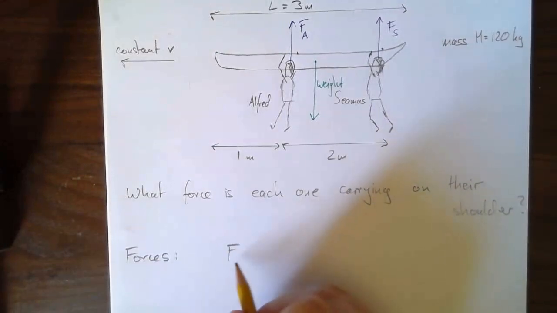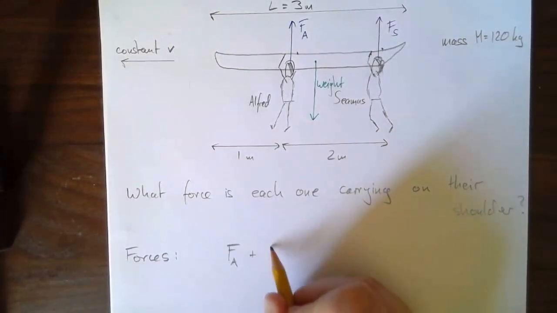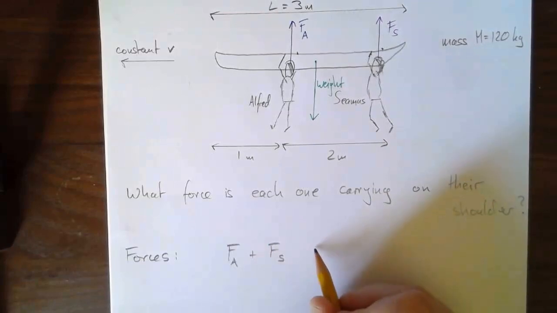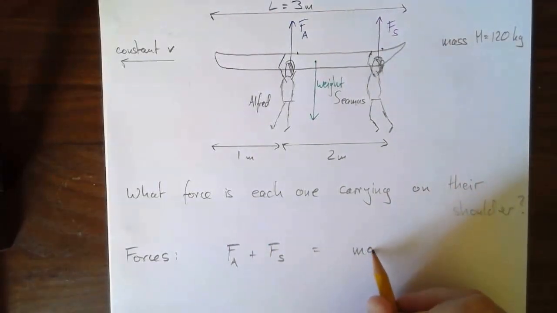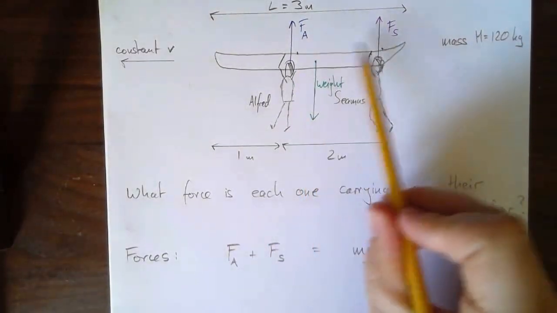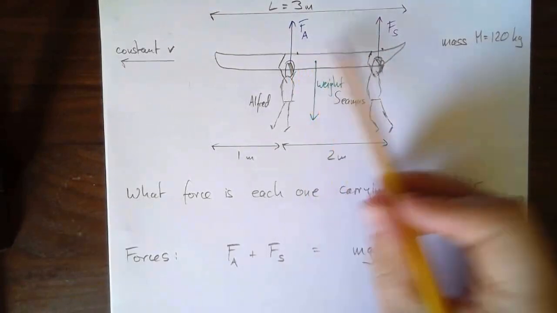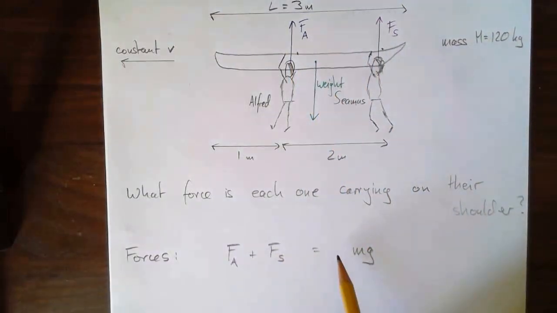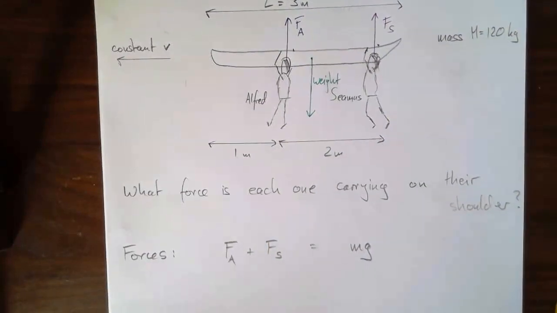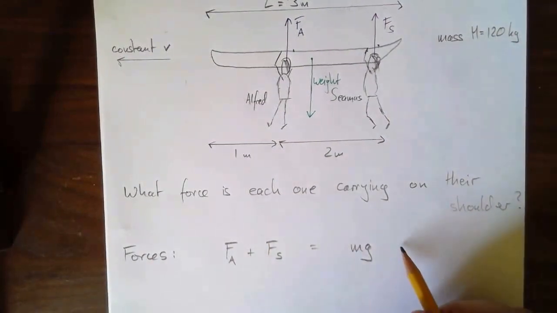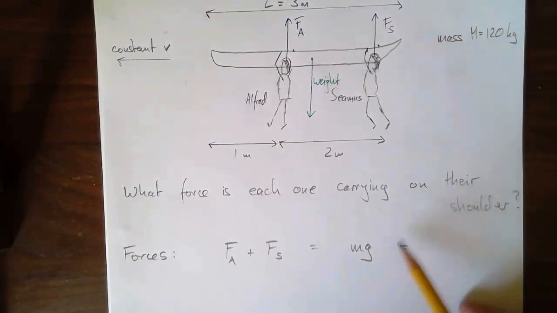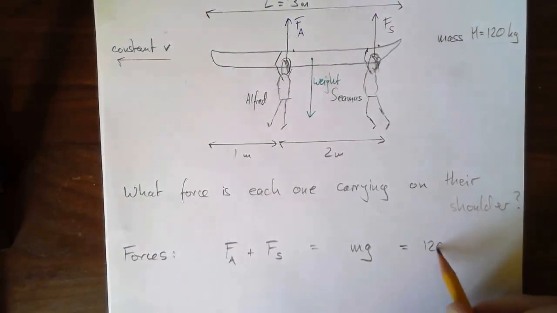So up force is equal to down force. Right, this plus this equals this. Yes, these are vectors. I'm talking about magnitudes here. Up equals down. I think it's more intuitive to set this one up. Okay, now we know what this is, right? This is 120 times g is 10, so that's 1200 newtons.